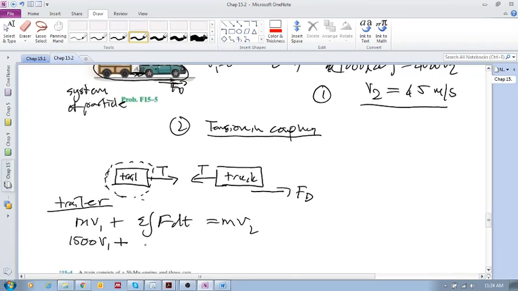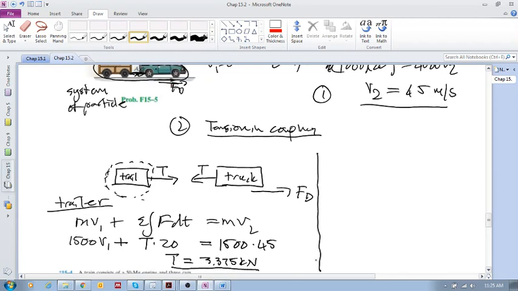So we've got T times 20 seconds, that's the impulse, is equal to the mass times V2. Remember, both the trailer and the truck were going at 45. And if you solve for T, you get 3.375 kilonewton.